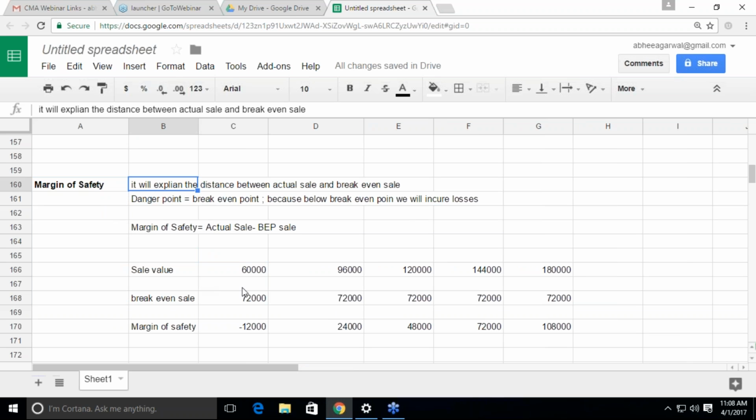In case of a lower price in the market or a down market, it tells us how much sale value, sale volume or sale price we can reduce and still survive. If my actual sale is 1,80,000 but break-even sale is 72,000, I can reduce my actual sale by 1,08,000.